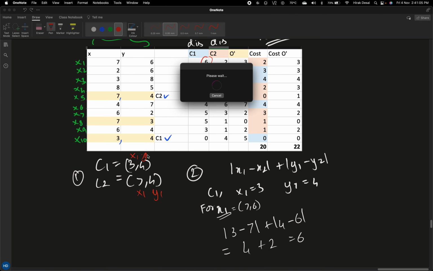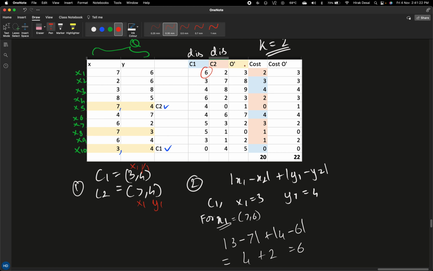Once that is done, we move on to step 3, where you calculate O dash. Step 3 is to calculate cost. How do you get cost? Cost is basically the value which is the minimum of these two.